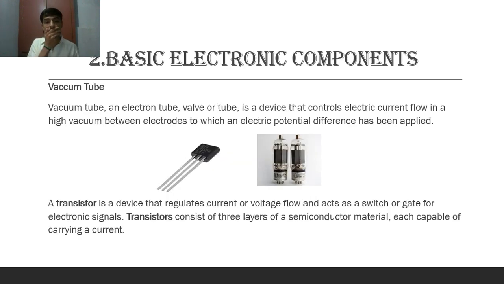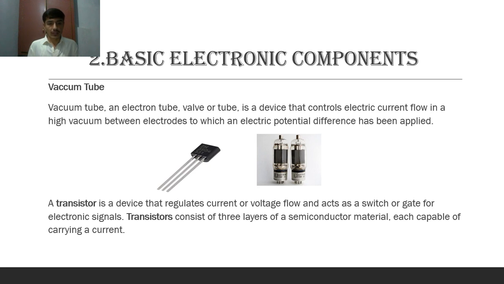Number two, basic electronic components. Vacuum tube. A vacuum tube, also called an electron tube, valve or tube, is a device that controls electric current flow in a high vacuum between electrodes to which an electric potential difference has been applied.